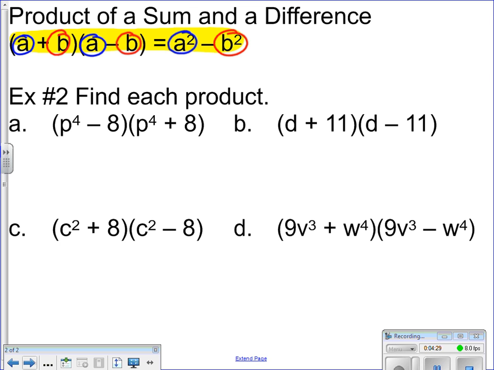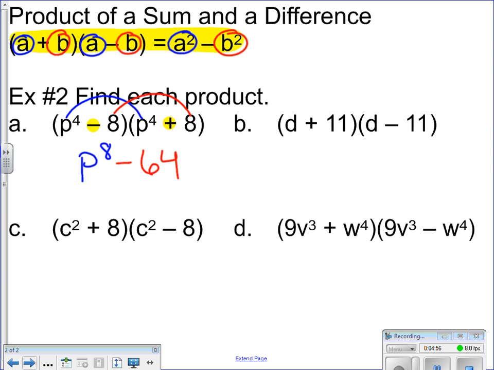So if you have the same parentheses except one plus and one minus, all you have to do is first and last. So p to the fourth times p to the fourth is p to the 8. And then negative 8 and positive 8 is negative 64. That's the answer. You should try the other ones now before I do, so you should pause here.